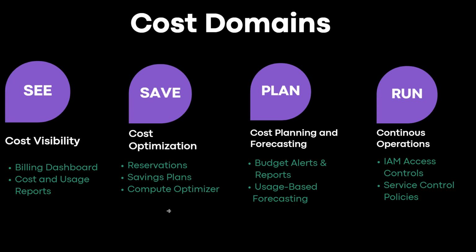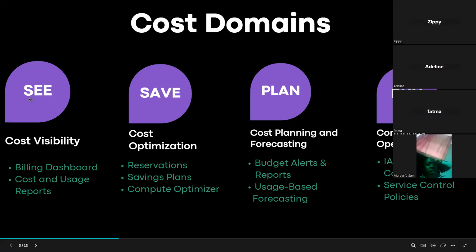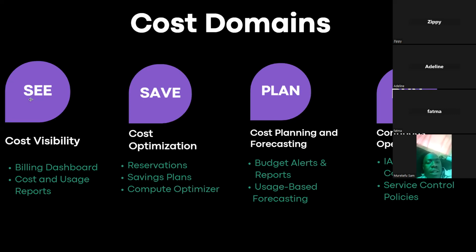You need to be able to see on a day-to-day basis how much am I actually spending, how much are the services that I'm running actually incurring in my account. So that is the first domain here, which is C, and it essentially deals with cost visibility. And you can see your running costs from within the billing dashboards, or by utilizing the cost and usage reports from the Cost Explorer dashboard.